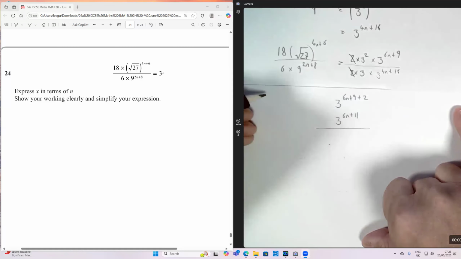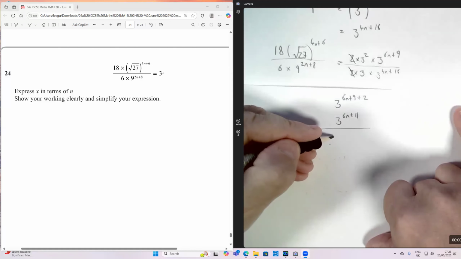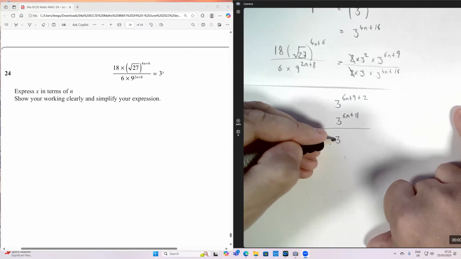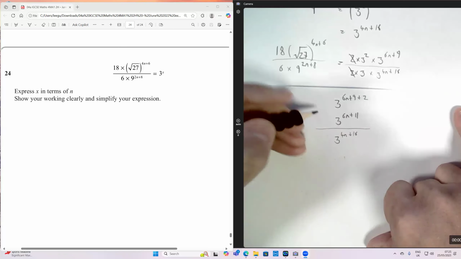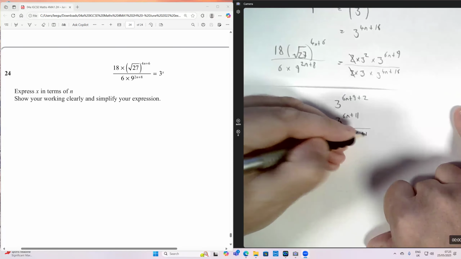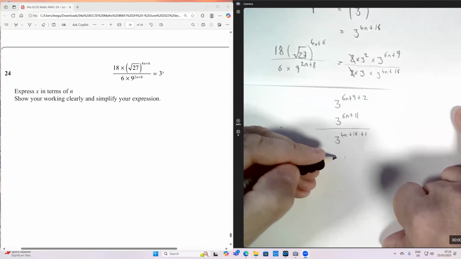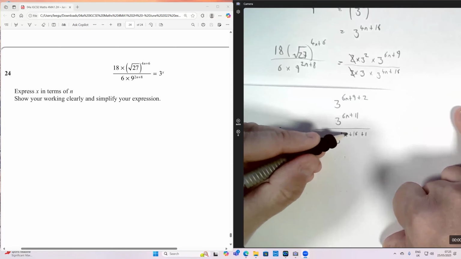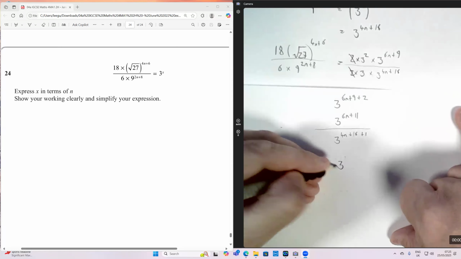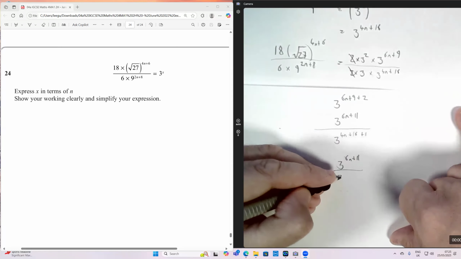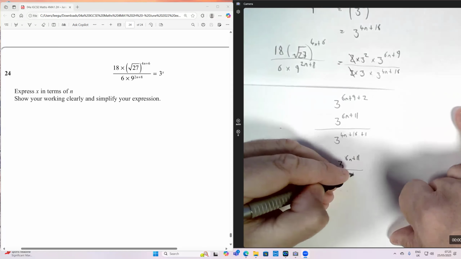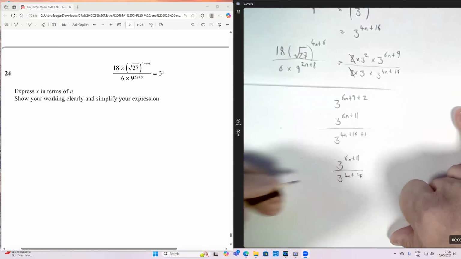Let's think about the denominator. That is going to be 3 to the power of 4n add 16 times 3, which is going to be add 1. So that denominator is going to go to 3 to the 4n add 17. So we've got 3 to the 6n add 11 over 3 to the 4n add 17.